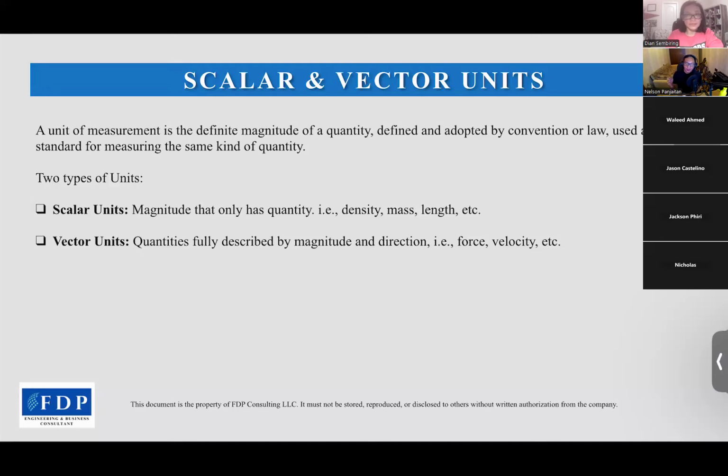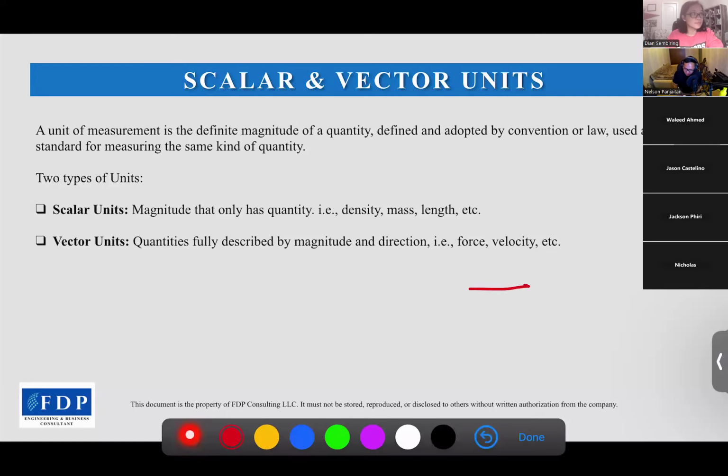For example, one force has a direction this way, and another force has a direction this way. We can combine these two to find the combined force direction like this. That's the difference between vector and scalar.